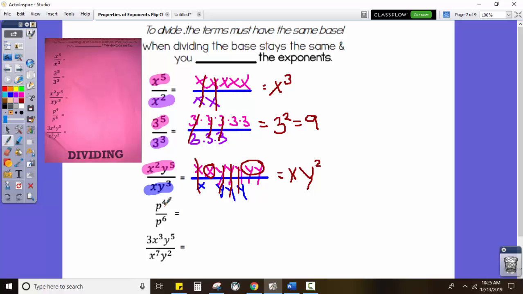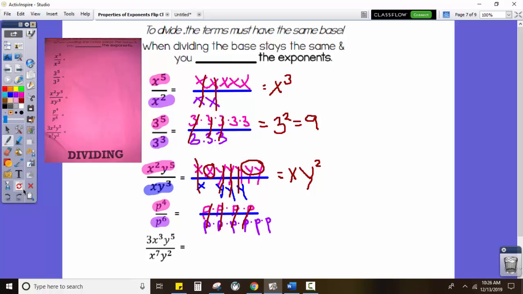Okay, next one, p to the 4th divided by p to the 6th. Numerator, I have p to the 4th, 1, 2, 3, 4, divided by p to the 6th, 1, 2, 3, 4, 5, and 6. Now pay close attention. P divided by p is 1, again and again.